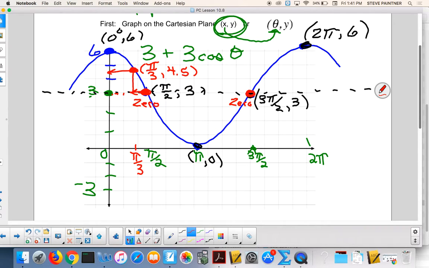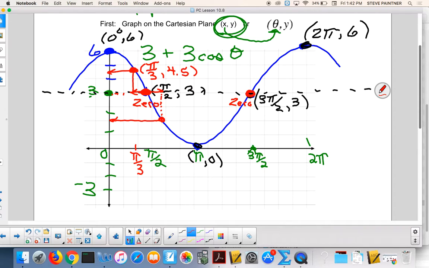You're halfway between the midline and the peak. You're at 4.5. That's where everybody's getting confused today. If you just think about it, I went 30 backwards, because that's a third of 90. Go 30 forward, come down, hit this thing, come across. Oh, look, it's halfway. If I go 30 past 90, where am I at? 120. 30 past 90 would be 120.